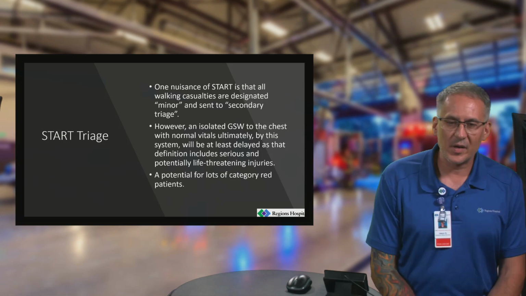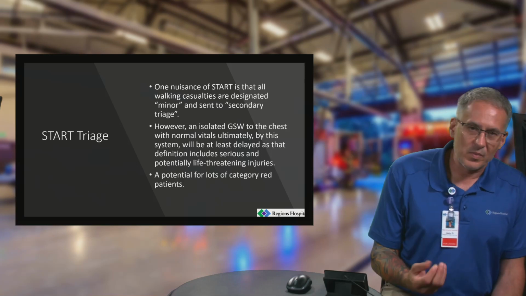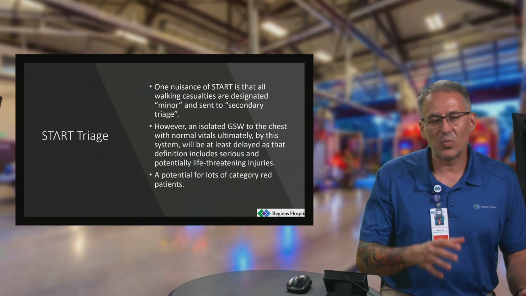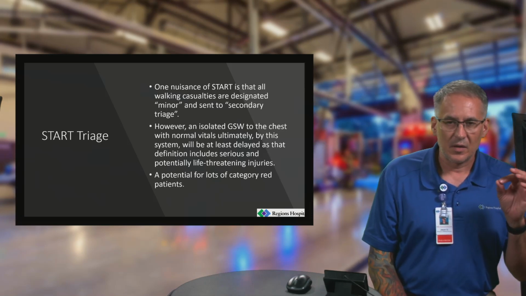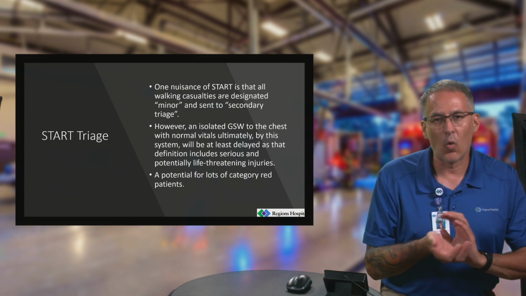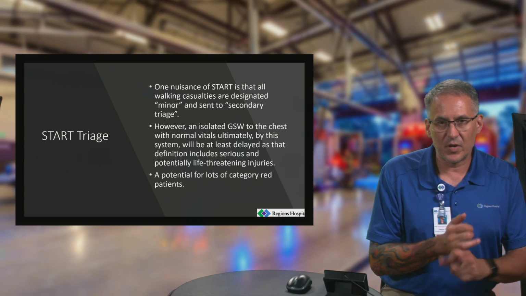Here in the Midwest, where we have winter hell, people get cold. Capillary refill is not reliable. So START triage was kind of morphed a little bit as it spread across the country into cap refill less than 2 seconds or peripheral pulse. So we got respirations over 30, they're red.